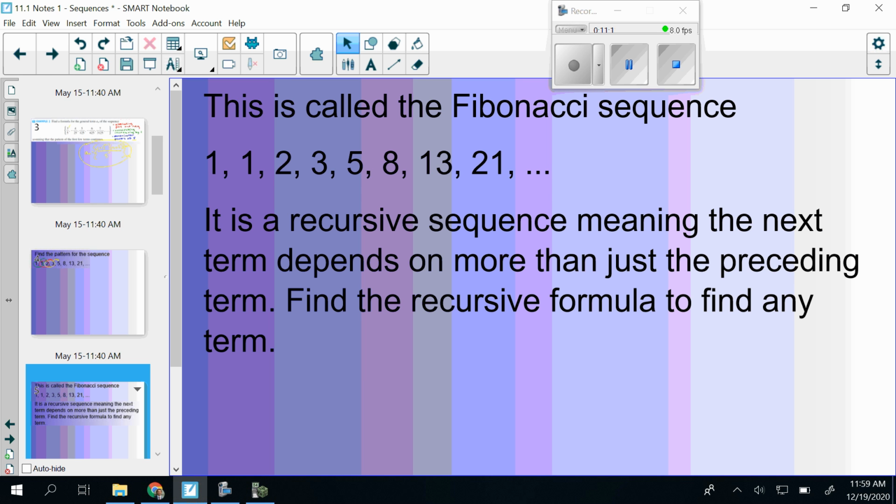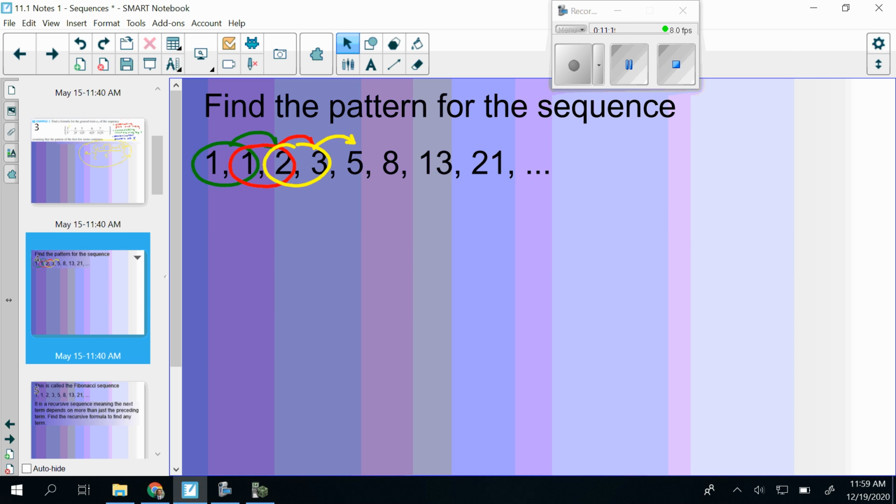So if we keep going here, just as an example, if we wanted to find the next term, what would the next one be? The 13 and 21. So our next one here, if we added these 2 up, we would get 34 would be the next one in that sequence, and so on. So you're always adding the next 2.